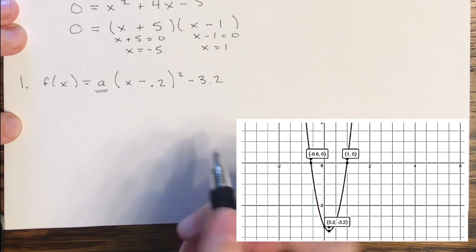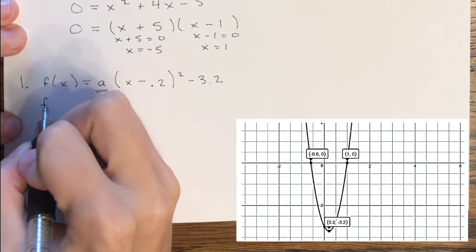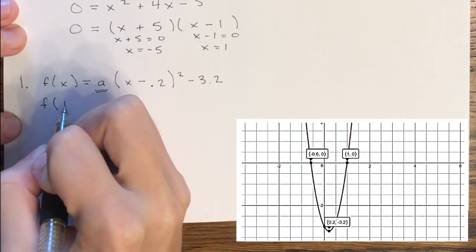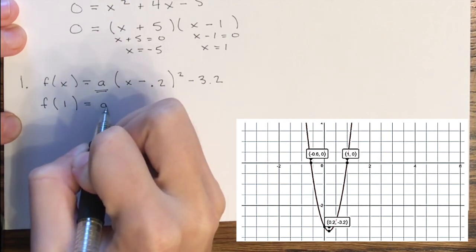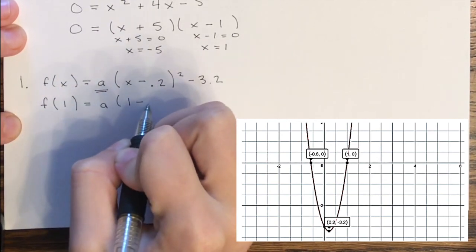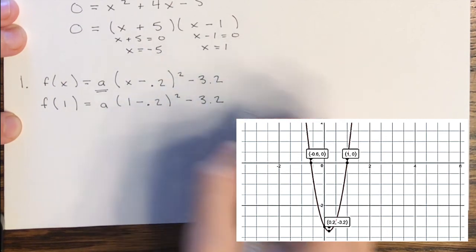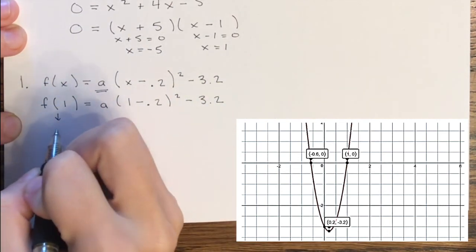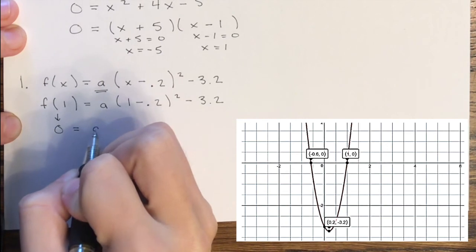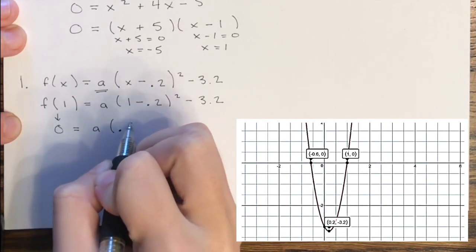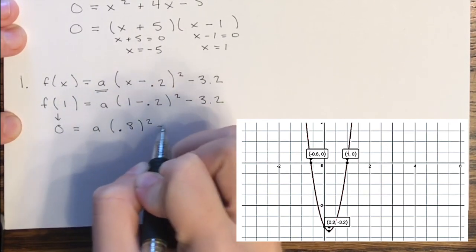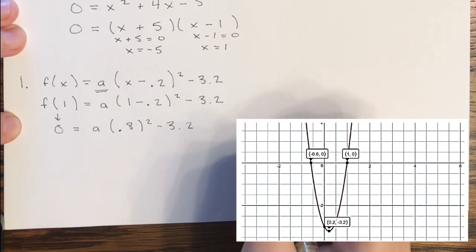Let's use 1, 0 and see what happens. So if I plug in 1, 0, my x value is 1. I've got 1 minus 0.2 squared minus 3.2. I end up with 0 equals a times 0.8 squared minus 3.2.